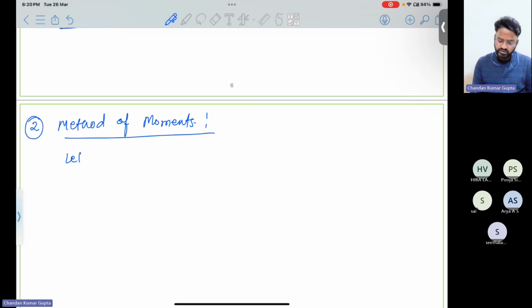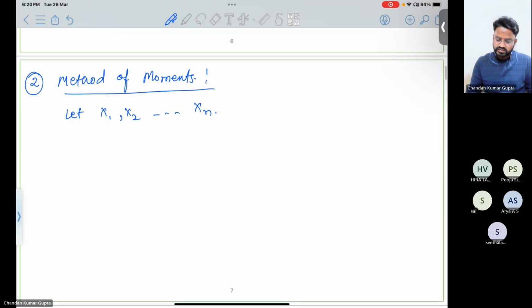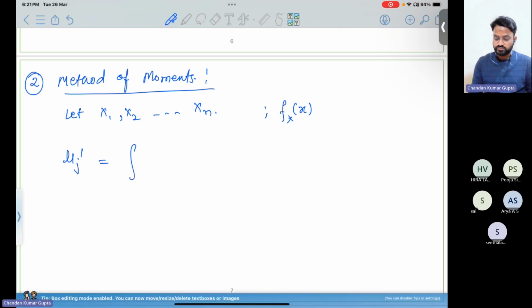Suppose, for example, we have x1, x2 up to xn samples. Random samples are considered from any distribution. First we calculate the non-central moment.